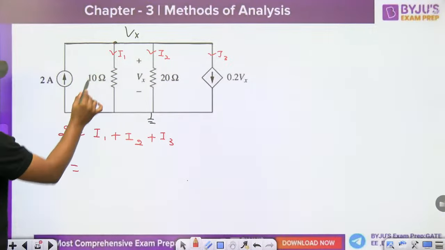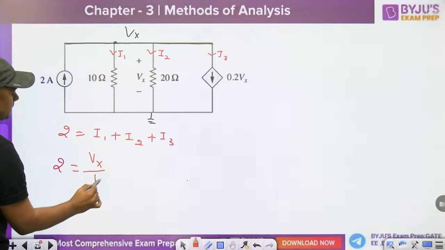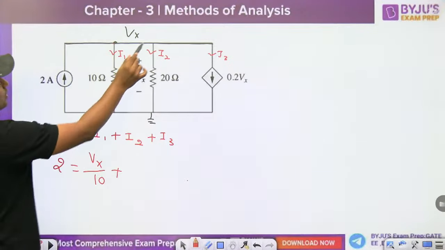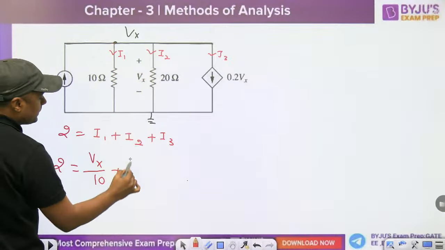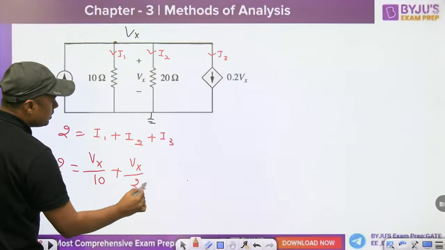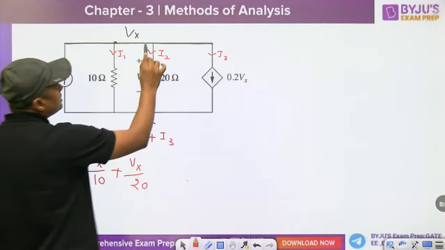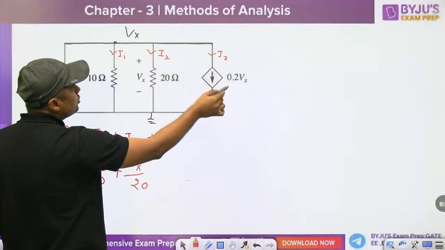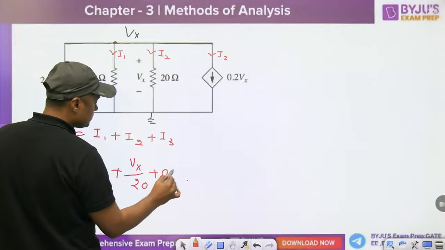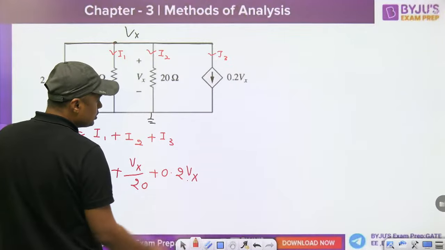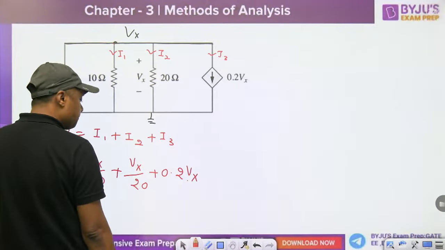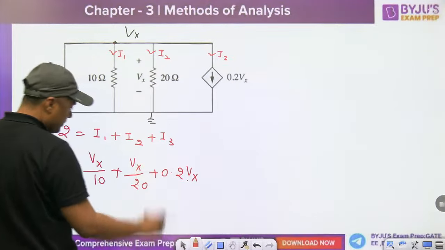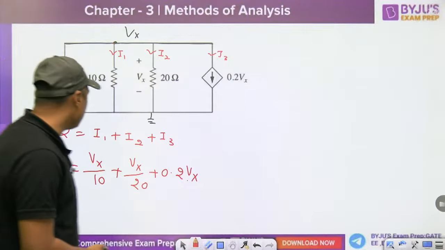Vx minus 0 by 10, that is Vx by 10. I2 is Vx by 20. And what is I3? 0.2 Vx, which is nothing but Vx by 5.